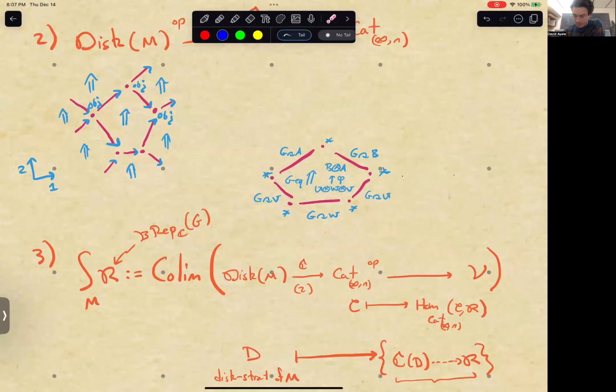And by labeling, I mean the dots by objects, the edges by morphisms, the two-cells by two-morphisms, etc., all compatibly.